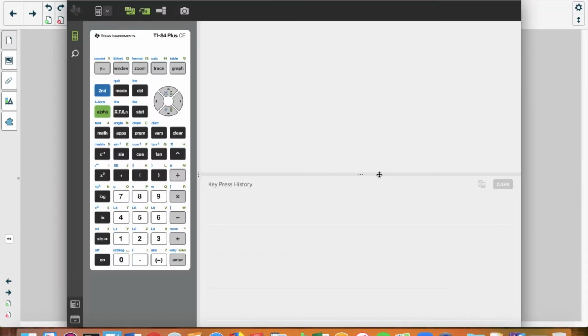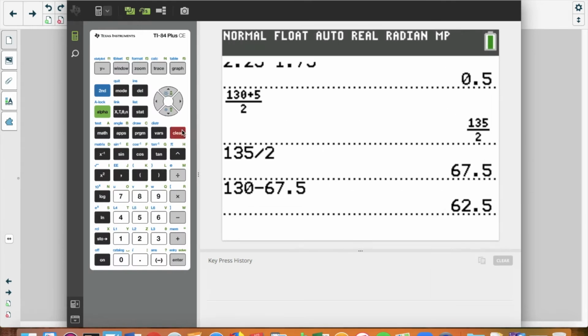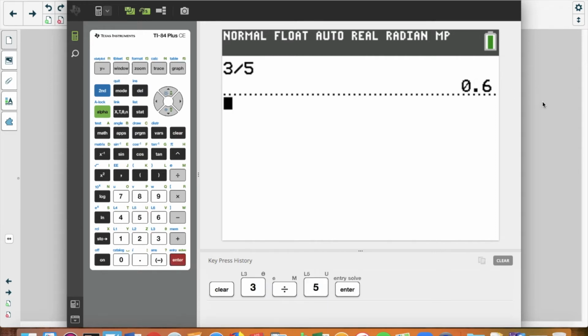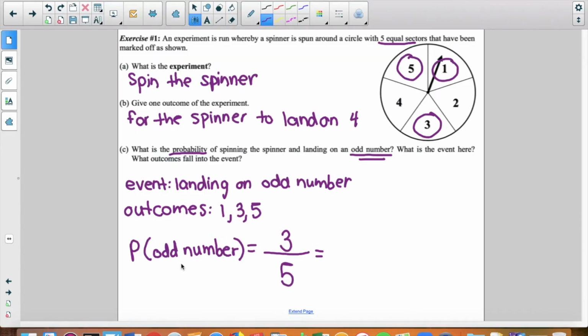Here we go. Okay, so our fraction was 3 over 5. So I'm going to do 3 divided by 5. When I do this, it changes it to a decimal for me. So this is the same thing as 0.6. Now we can have it as a fraction, we can have it as a decimal, but we can also have it as a percent.